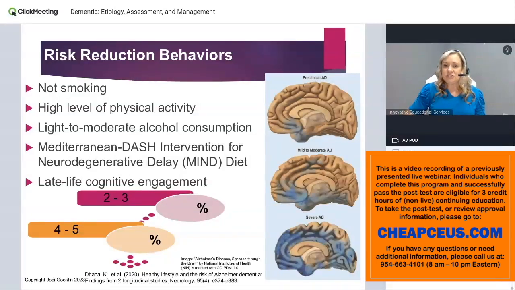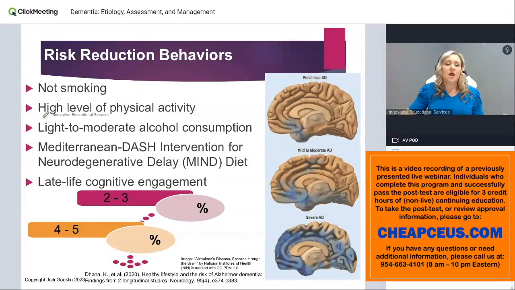There are different risk reduction behaviors, some of which we've already mentioned related to the other types of dementia. As we examine this specifically related to the presentation of Alzheimer's disease during that preclinical or prodromal stage, one study followed individuals over a period of 5 years and assessed how many of these different risk reduction strategies the individuals participated in.